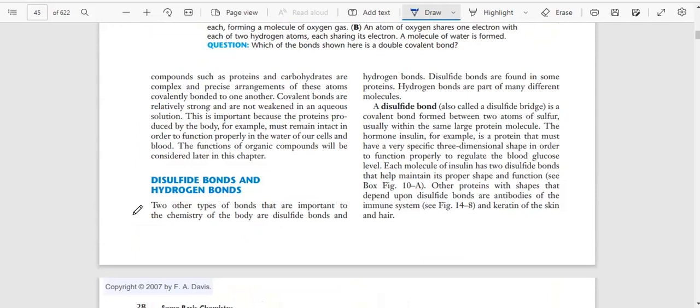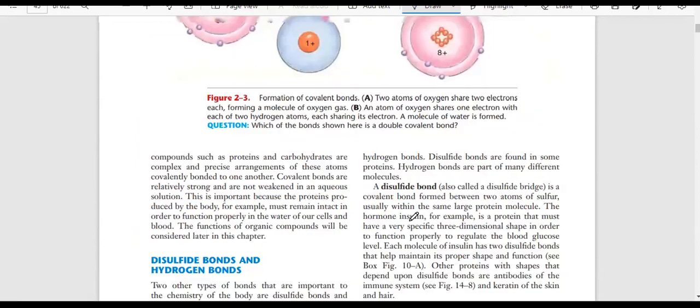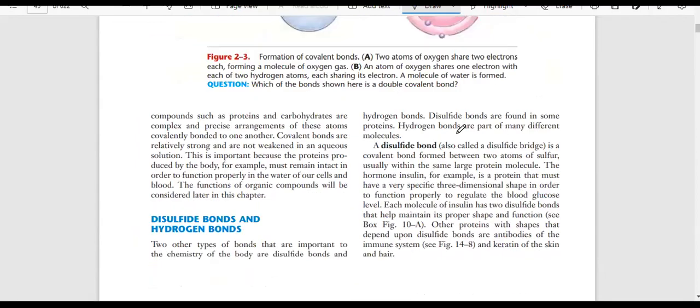Two other types of bonds that are important to the chemistry of the body are disulfide bonds and hydrogen bonds. Disulfide bonds are found in some proteins. Hydrogen bonds are part of many different molecules. Now we will talk about disulfide bond.